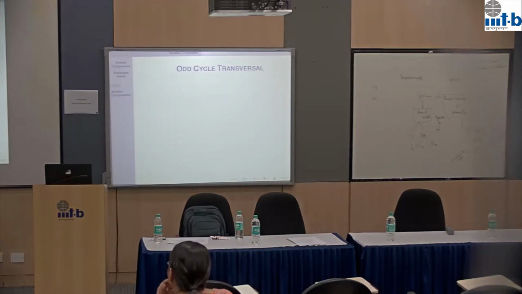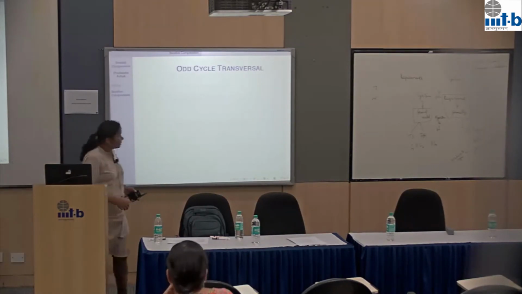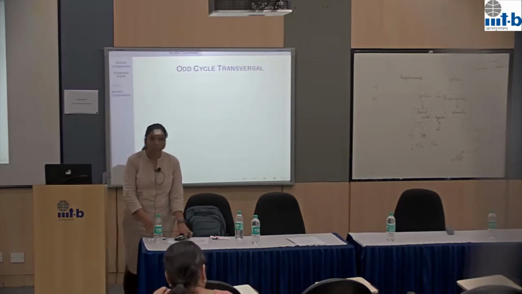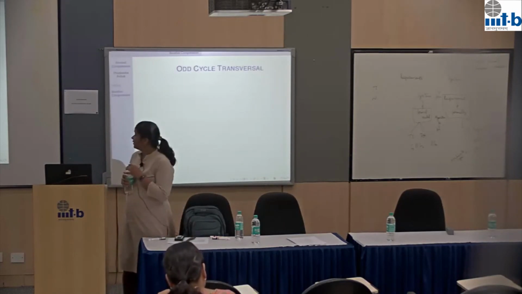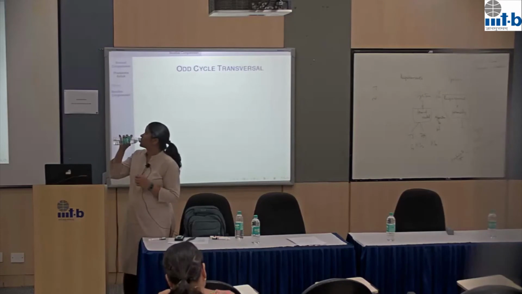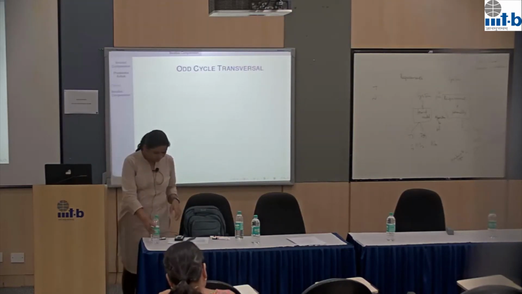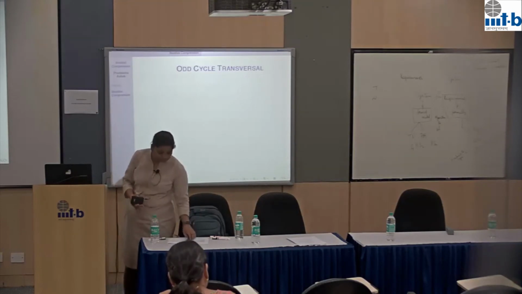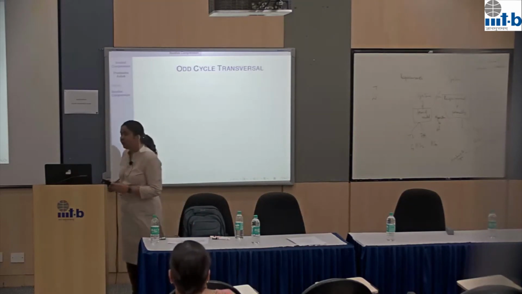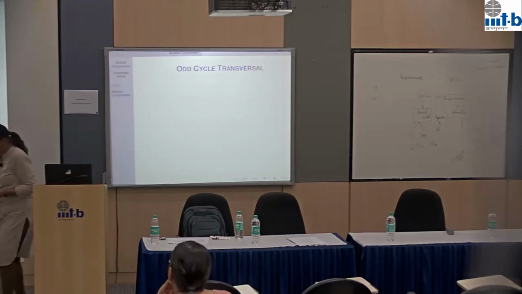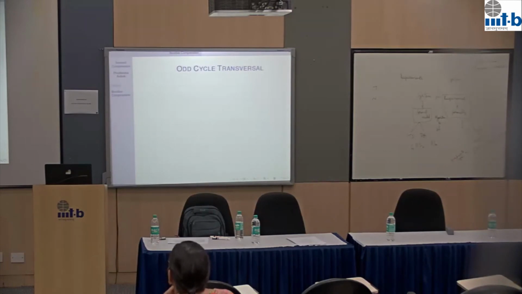Okay, so next problem is odd cycle transversal. So what is the odd cycle transversal? Given a graph, from every odd cycle, meaning a cycle of odd length, like a C3, C5, C7, etc., delete at least one vertex.